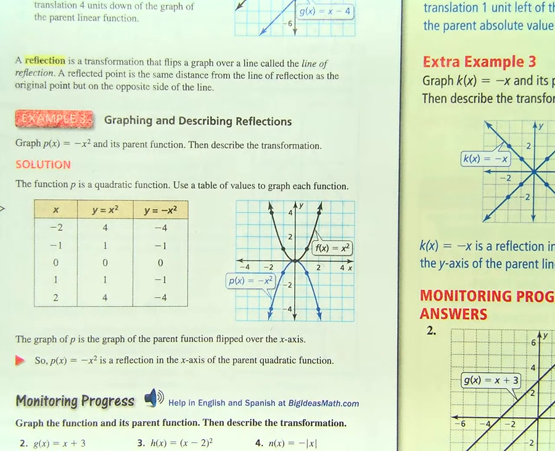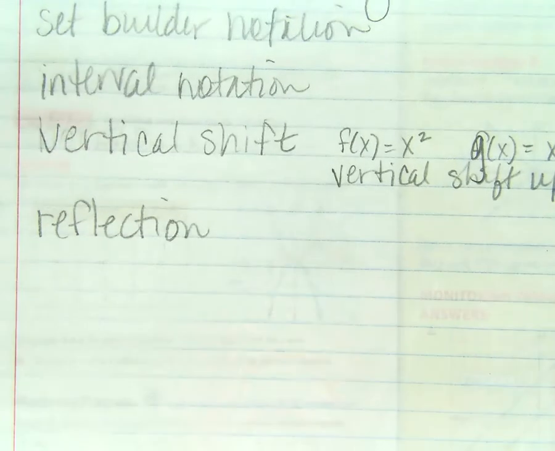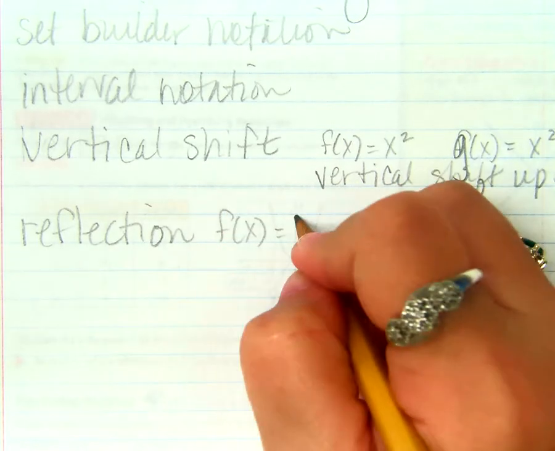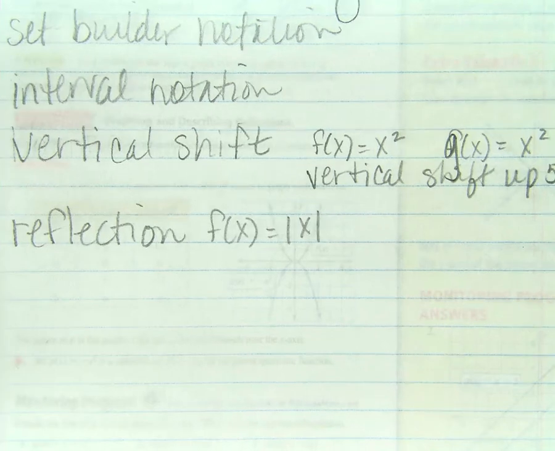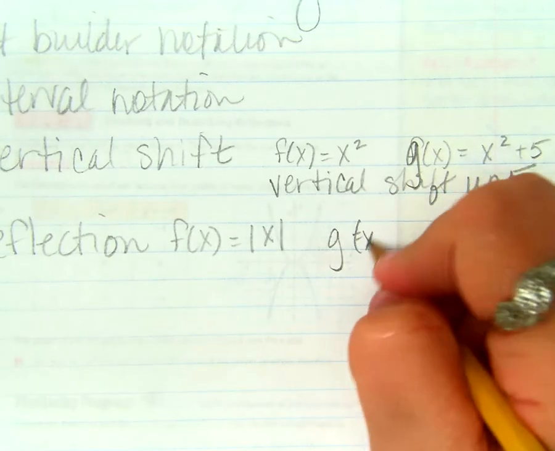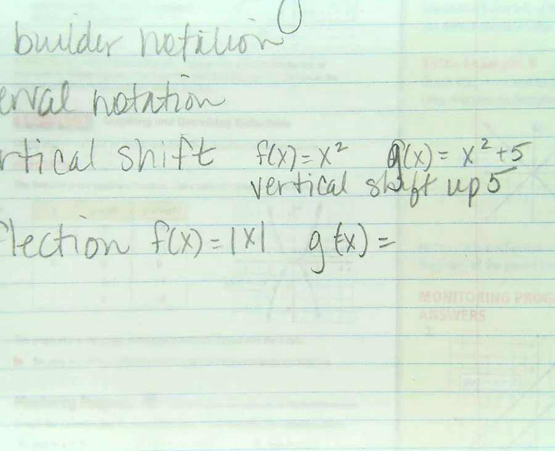So tell me what you see. You've already told me what you see in the graphs. Tell me what you see in the equation. Where is there a negative? It's out in front of that parent function form, right? Okay? So if I said to you, back on your vocabulary page, that f of x equals the absolute value of x, what would g of x have to look like for it to be a reflection of the parent?